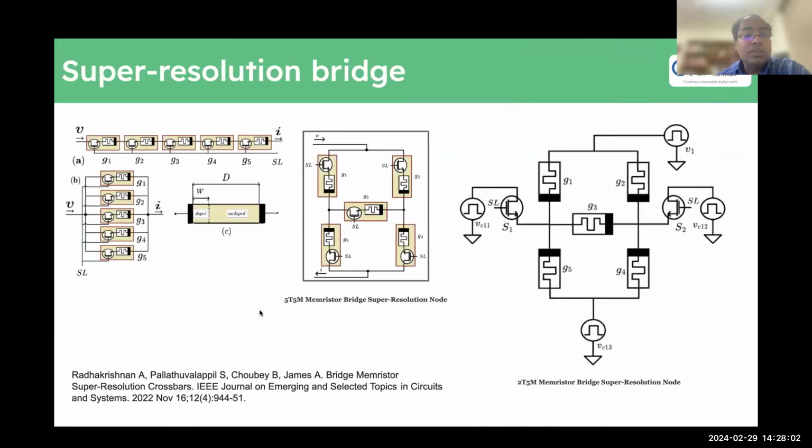And further to this, rather than just parallel, we started thinking about whether there are better or even more ways to program it, and any other techniques. So we started exploring bridge configurations and a few others, and we found that it's not just one particular way in which you can build those super resolution and stable conductance levels.